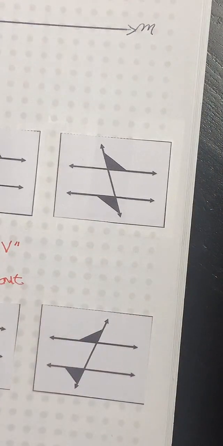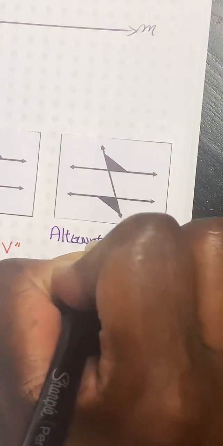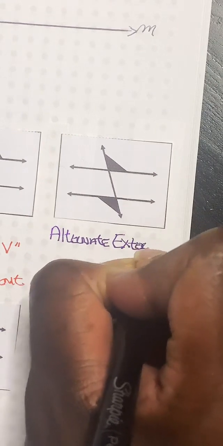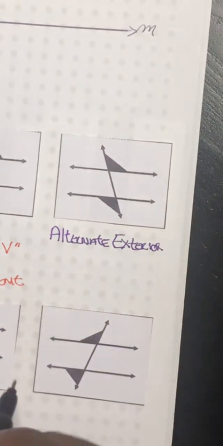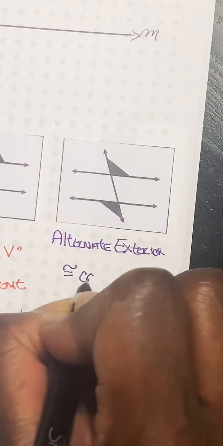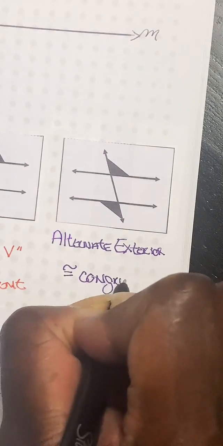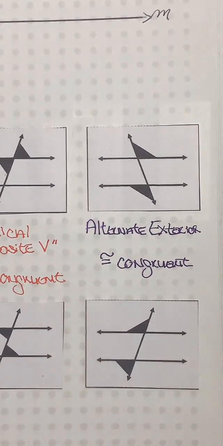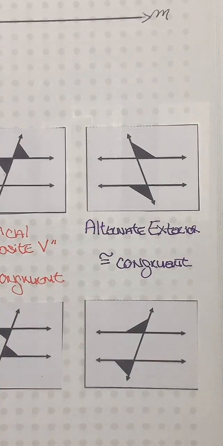So we can say alternate exterior angles, okay, so alternate exterior angles, they're also congruent.